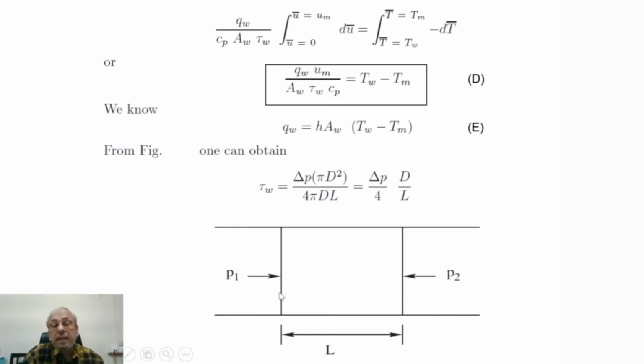Also, if we look at this simple schematic for a turbulent flow, this side pressure is P1, this side pressure is P2 over a length L. Then we can write the pressure drop delta P into pi d square by 4, the total pressure force, divided by pi d L, that is the area, equal to delta P by 4 into d by L, and this is basically the wall shear stress, because for fully developed flow, the wall shear stress is the stress developed because of the driving pressure for which the fluid is flowing.